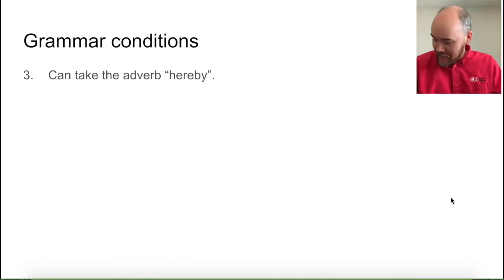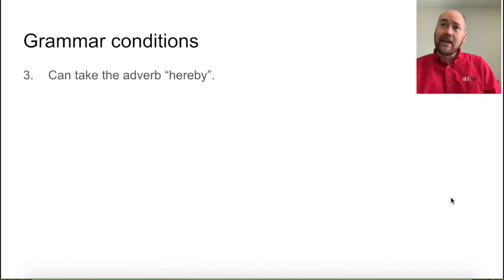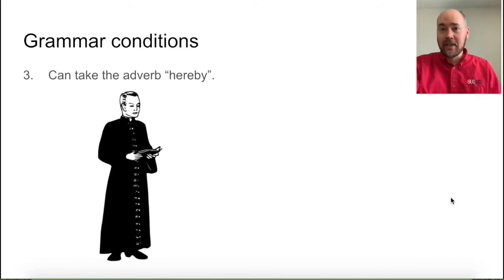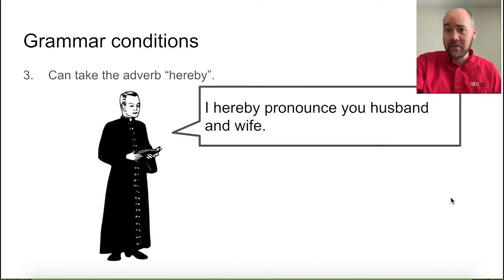Okay, and you can test whether an utterance is performative or not by trying to add the adverb hereby. Now, this isn't to say that all performatives use the adverb hereby, but they all can. So if you use the adverb hereby and it sounds all right, it's performative. So the priest could say, I hereby pronounce you husband and wife.